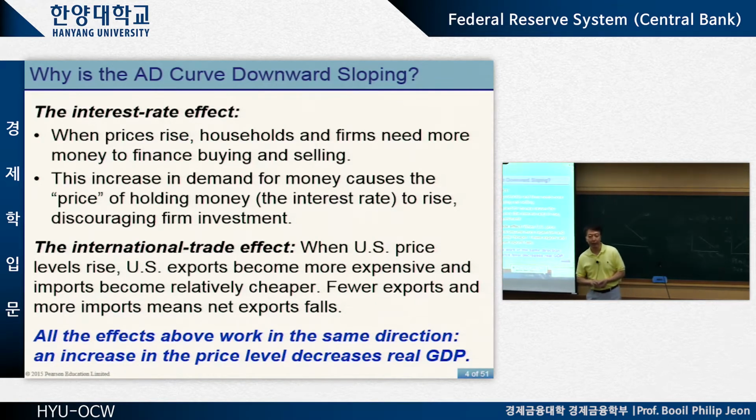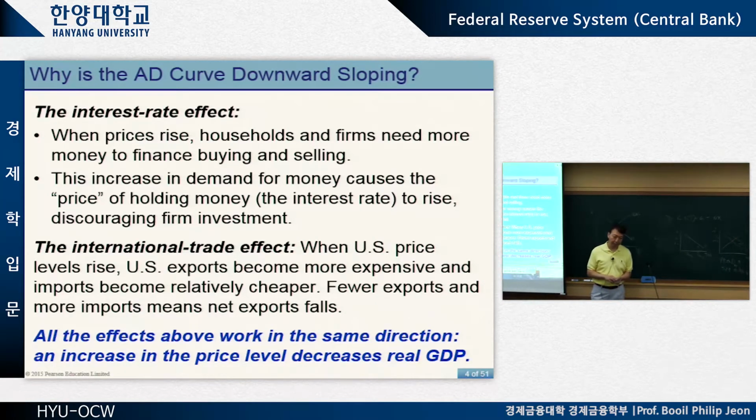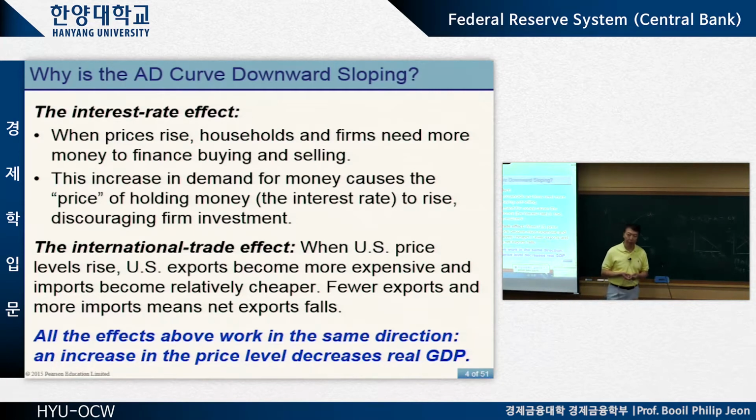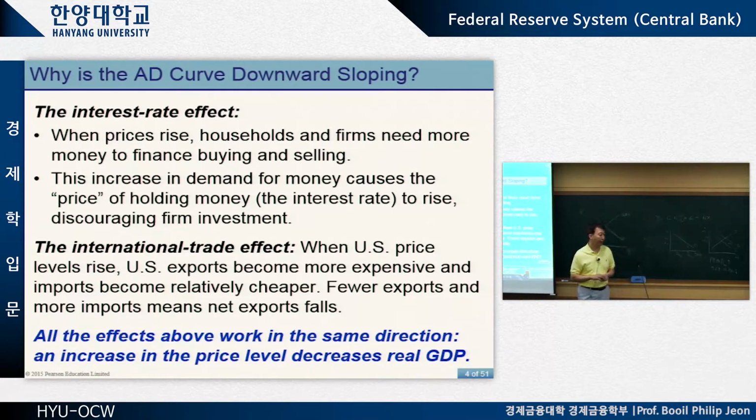On the other hand, imports become relatively cheaper. If everything becomes more expensive in South Korea, an import, say California wine, will feel relatively cheaper. In a relative sense, South Koreans will buy more foreign goods.